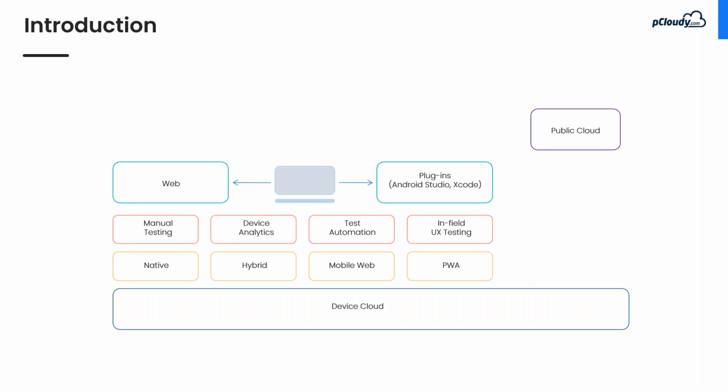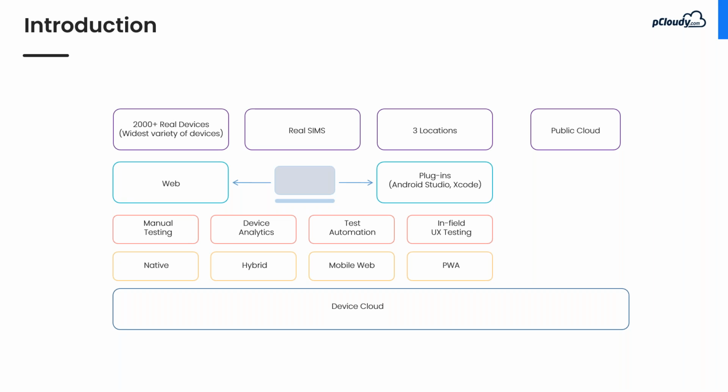from the user's machine. Now there are three different offerings which we have. The first and foremost is public cloud, which is basically the cloud which has access from across the globe, and we have 2000 plus real device, browser and device combinations, wherein you can access these devices from different locations.